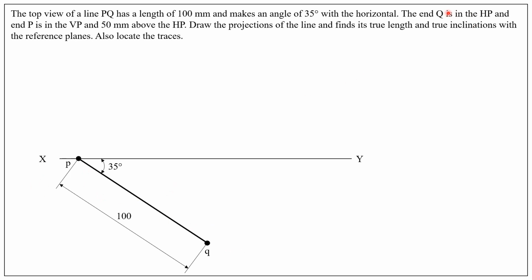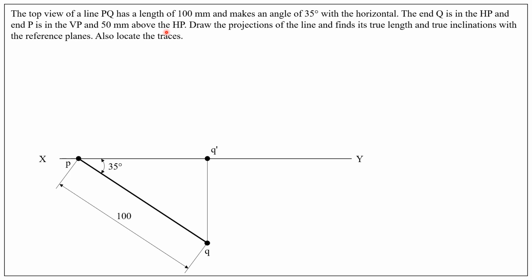It is given end Q is in the HP. When a point is in HP, its front view is on the XY line. Therefore, to locate Q dash, the front view, draw a perpendicular from Q and the intersection of that line with the XY is Q dash. End P is 50 mm above HP.